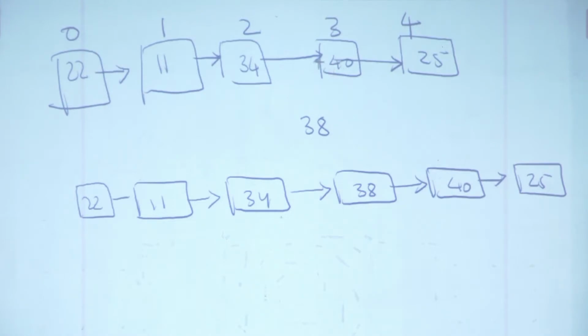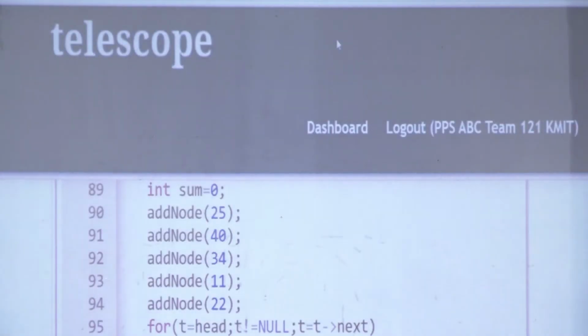So wherever 40 is, 40 will be pushed ahead and 38 will come here like this. So I'll have to move up to position 2 because I am inserting at position 3, then do the appropriate circus and I'll get connected. So let's give it a shot of inserting at position 3.